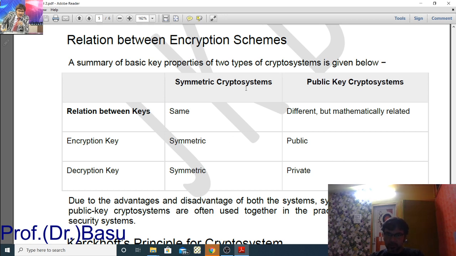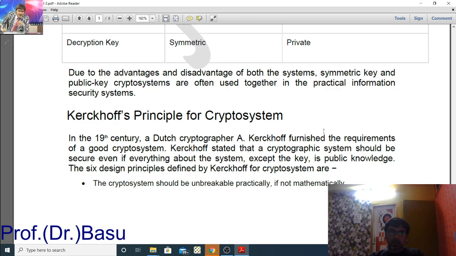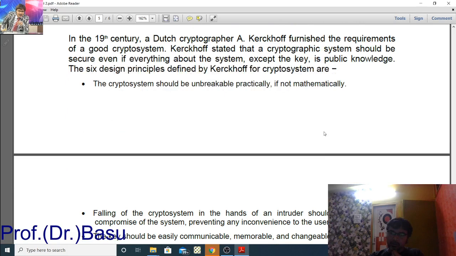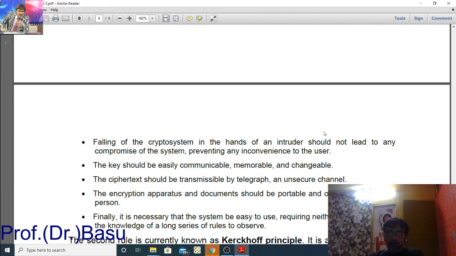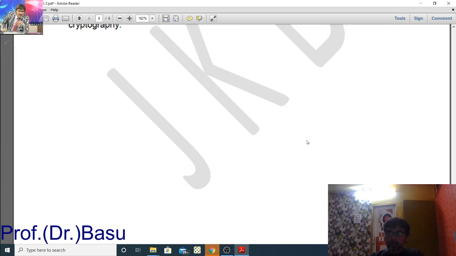For the symmetric key system, the same key is used for encryption and decryption, and public key cryptography means different keys are used, that is public and private, what we have just discussed. Kirchhoff's principle for a cryptosystem, you will just go through the notes. DES and AES we will discuss later on.